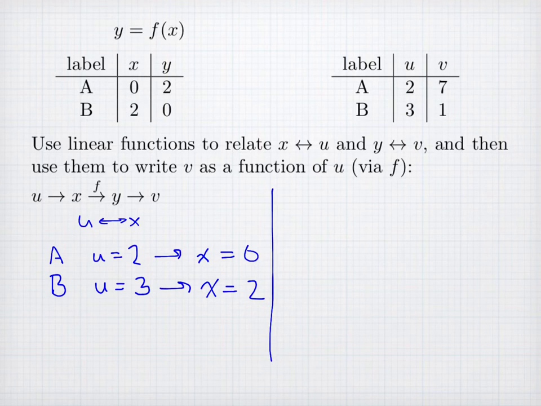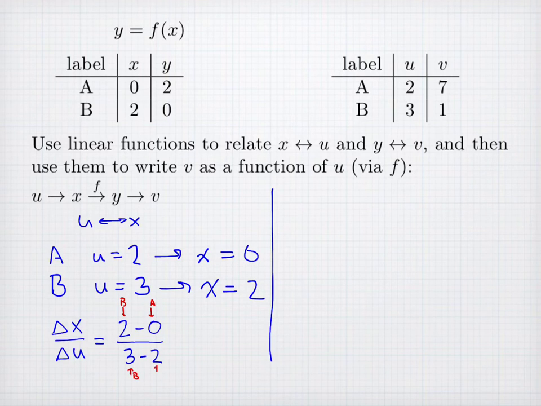This is supposed to be a linear function, so we calculate our slope. The change in x over the change in u is 2 minus 0, coming from the change in x, over the change in u, 3 minus 2. And again, I have to be careful. I'm always thinking of the point B and A in the same order.